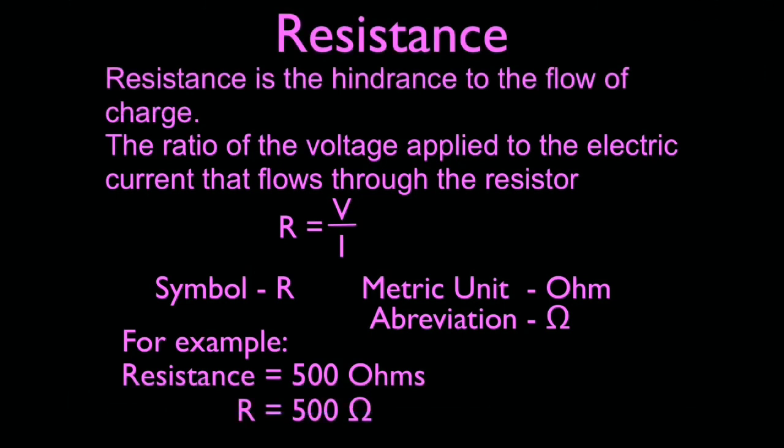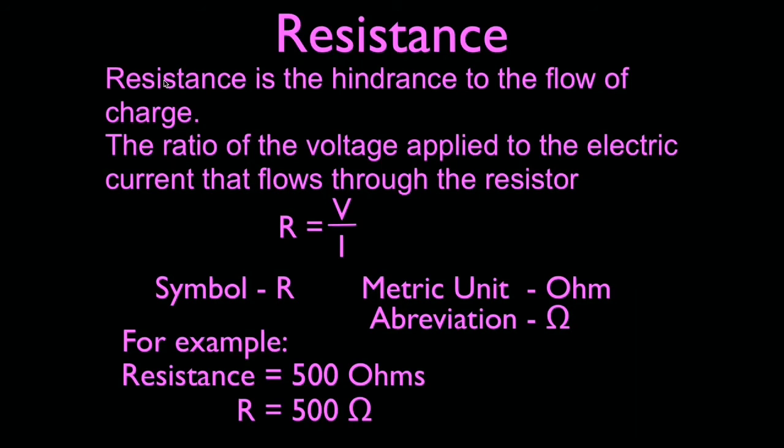Coming to resistance, it is the other quantity which plays a major role in any electrical circuit. Resistance is the opposition or hindrance to the flow of current or flow of charge.